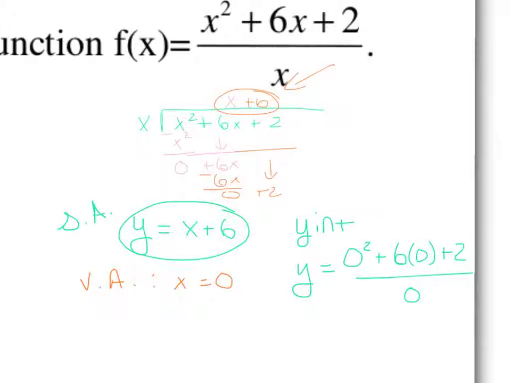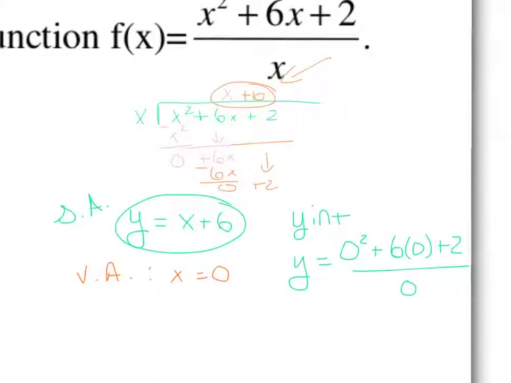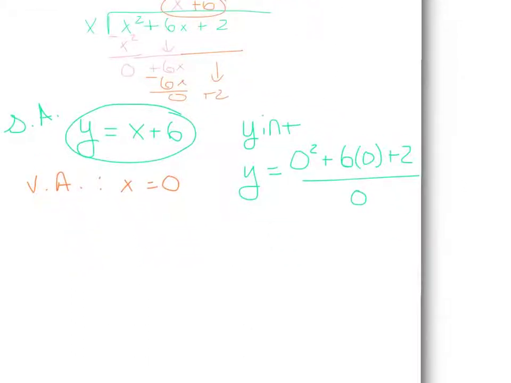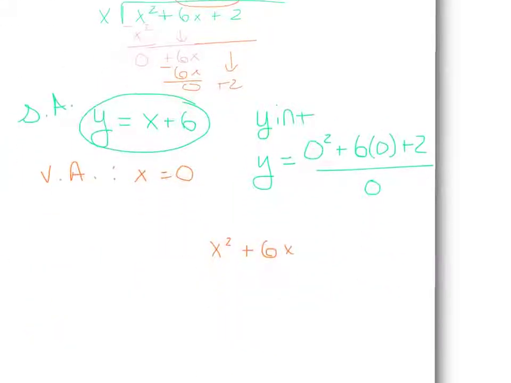Let's find our x-intercepts. When you complete the square, this is what you're going to end up with. X squared plus 6x, and that was plus 2. Remember, we're setting this equal to 0. Take half of 6, that's 3. Square that, that's 9. And now you want to subtract 9.